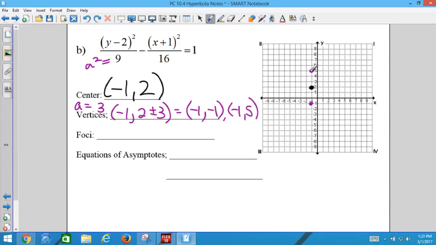And then we need to just use our B to draw that rectangle. So what is our B? B is 4. And that's going to be, for this one, left and right, just 4 units.